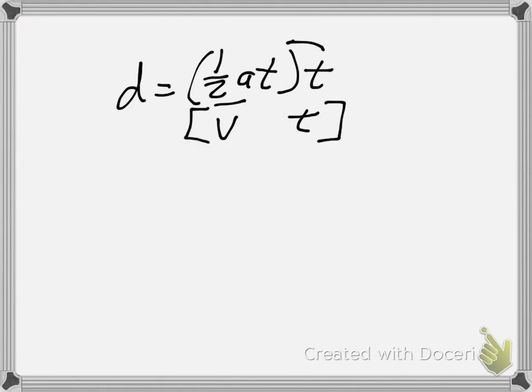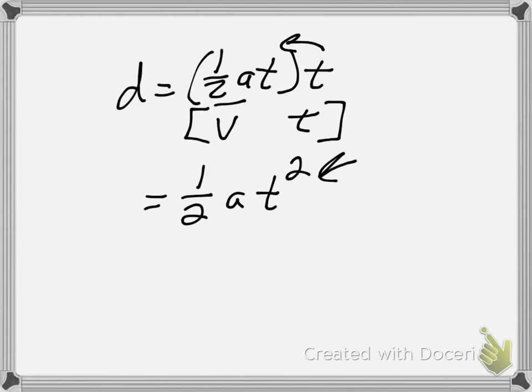And when I multiply all this out, I'm going to get 1/2 at squared. Okay? And this is why the distance does not increase uniformly with time under constant acceleration, because as the time goes up, the distance goes up quadratically, or squared, with the time.